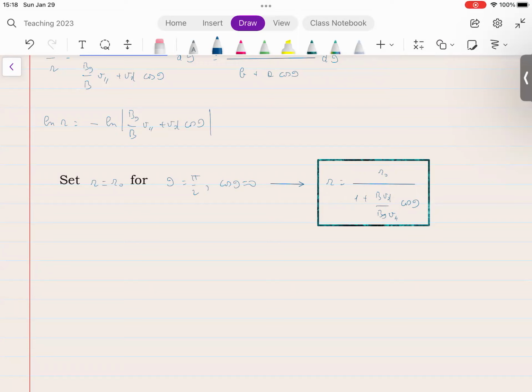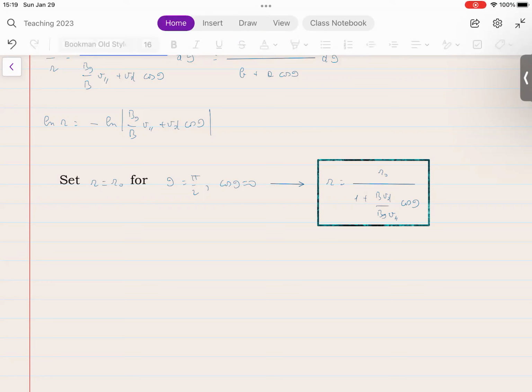Of course, the assumptions are simplifying assumptions. Neither B theta nor B are definitely going to be constants, and we'll see V parallel for that reason is also not going to be a constant, but this gives us something to work with.